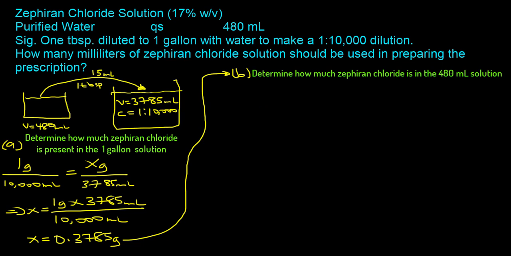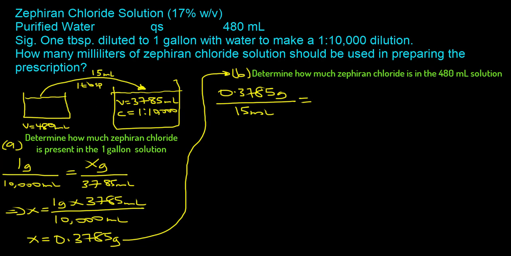So that is significant because in order to determine how much zephyran chloride is present in the 480 milliliter solution, what we want to do is to take the 0.3785 grams and set up a ratio, because all of this quantity is present in the 15 milliliter volume that we took from the 480 milliliter solution.